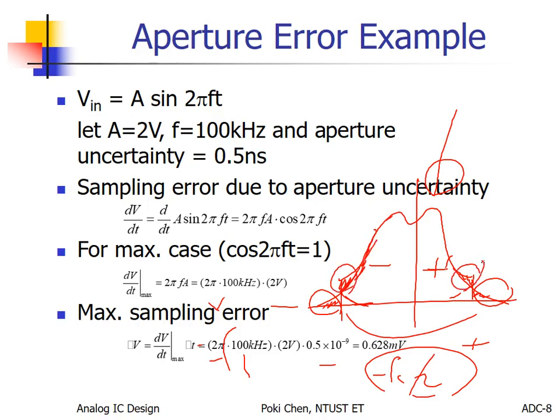Got it? So, what does it mean? The frequency beyond the capability of your ADC will be folded back to hurt the original spectrum that ADC can handle. Are you happy with that? No, we hate it, right? So, what is the way to get rid of such kind of bad situation?